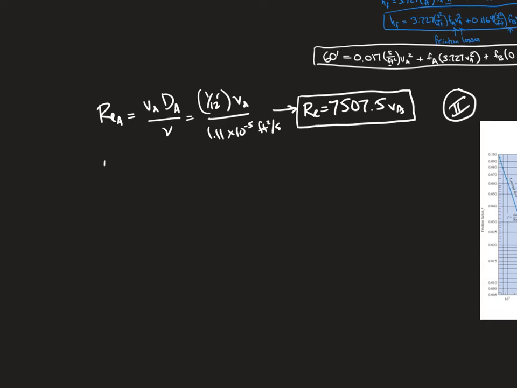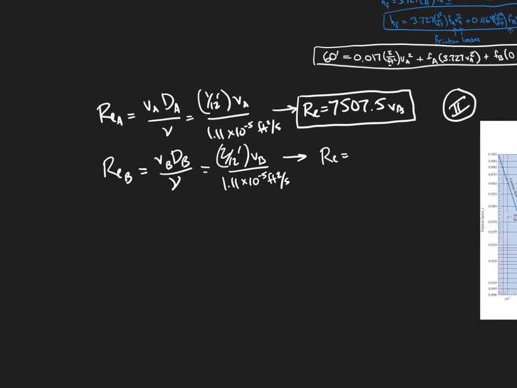So we're going to do the same thing for the Reynolds number for B. So dB over nu. Plug in the values here, except we'll have 2 over 12 feet times VB over 1.11 times 10 to the minus 5 feet squared per second. And we'll get the Reynolds number equals 15,015 VB.